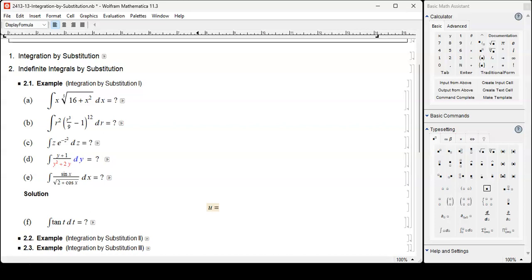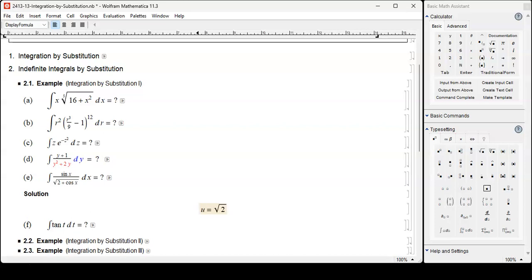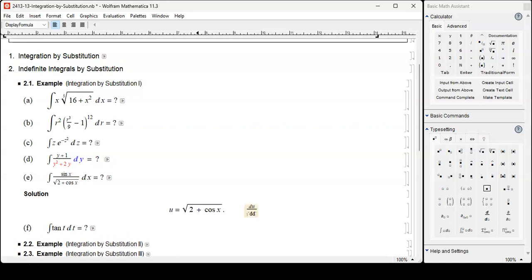Just like the previous problem, if you take the denominator, you're going to get something like this, and then the derivative will be, what's the derivative computation?